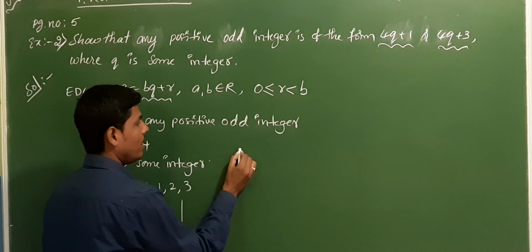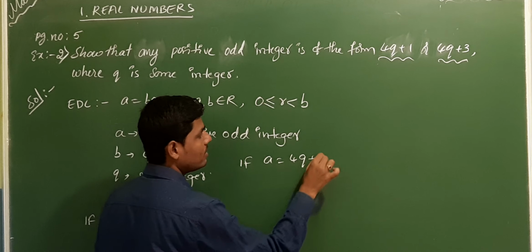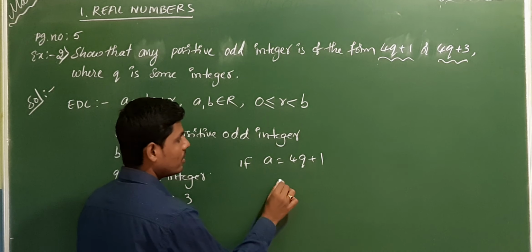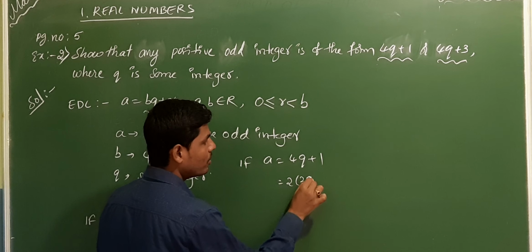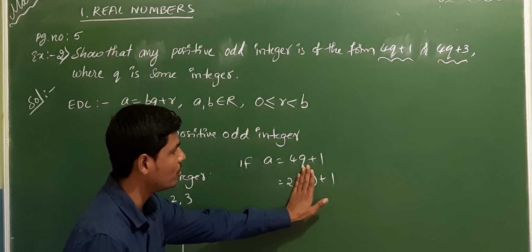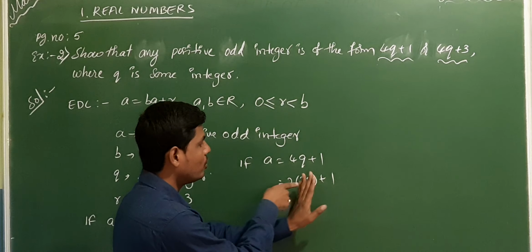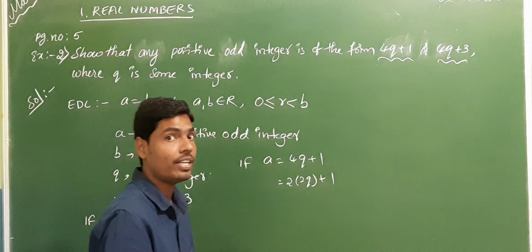Next, if A is equal to 4q plus 1, you can write 2 into 2q plus 1. So, when you are dividing by 2, you are getting remainder 1. What is the definition of this?